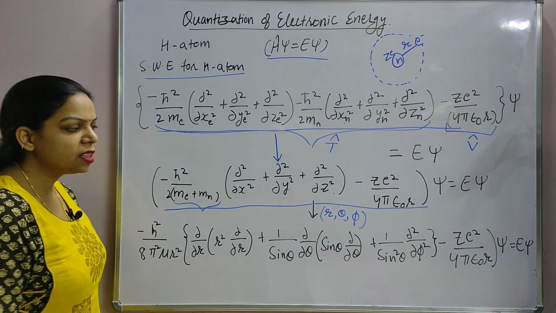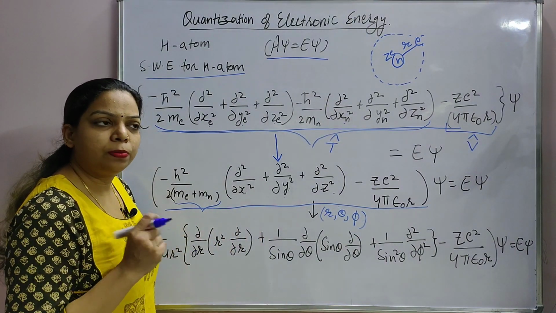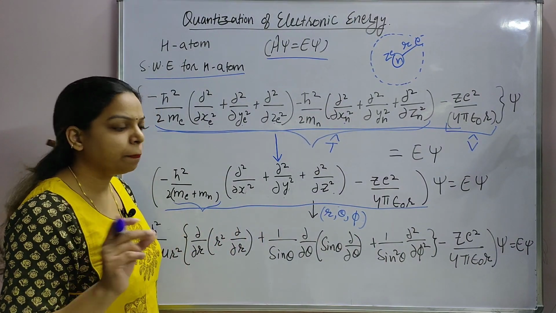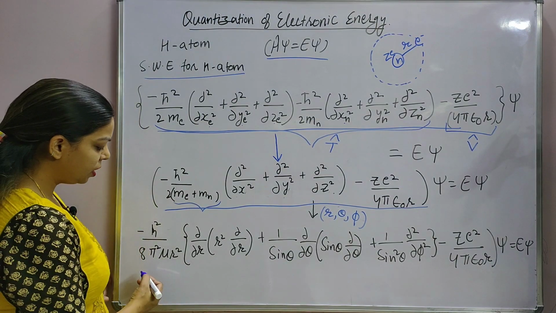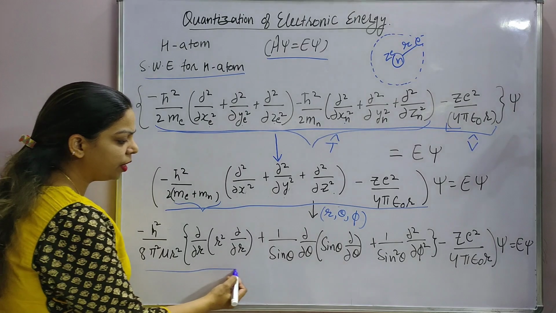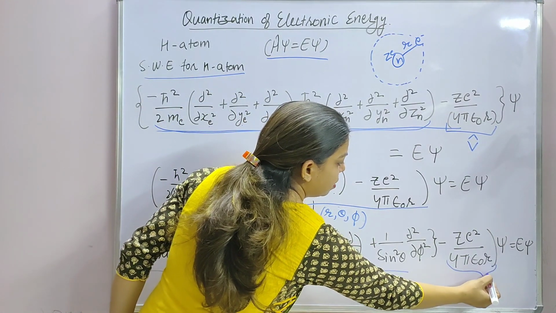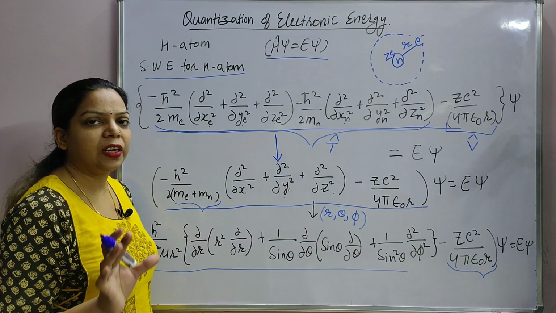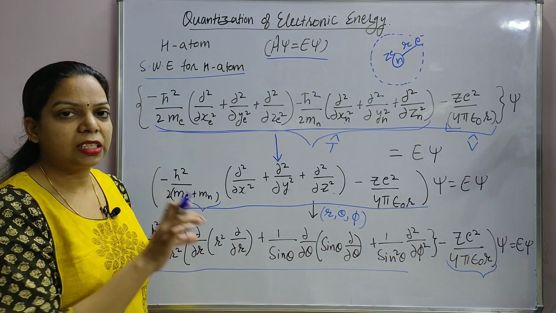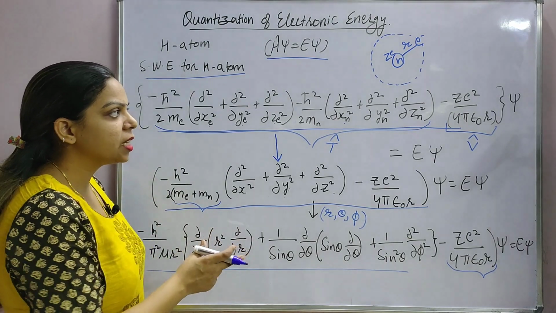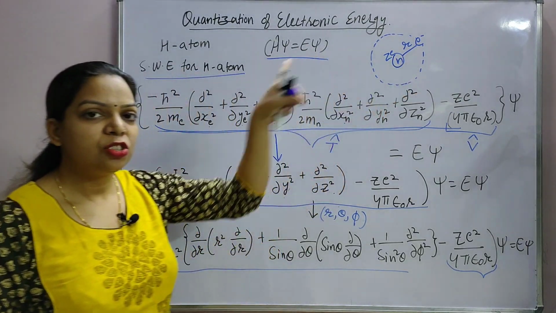We have already seen how to convert this in the case of the rigid rotator, and that is again simple. The only difference between this equation and the rigid rotator equation is this potential energy term, because there was no charge on the atoms in the case of the rigid rotator. But in this case, the two masses which are connected are the electron and the nucleus, and both are charged particles.